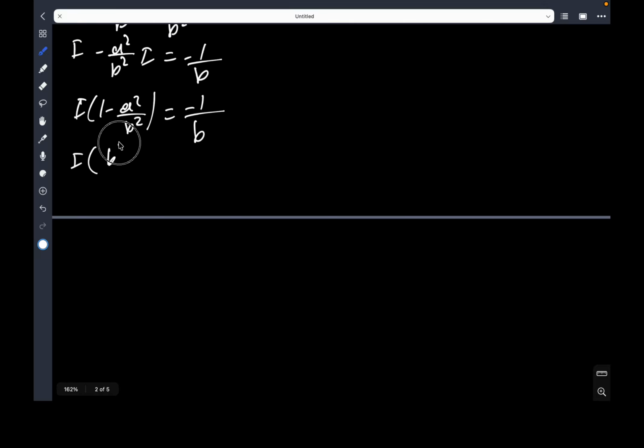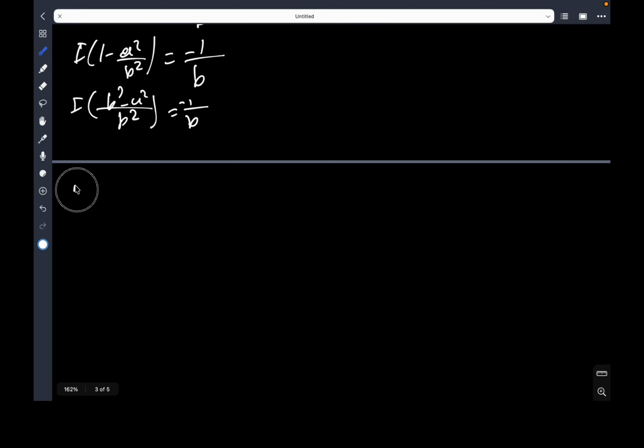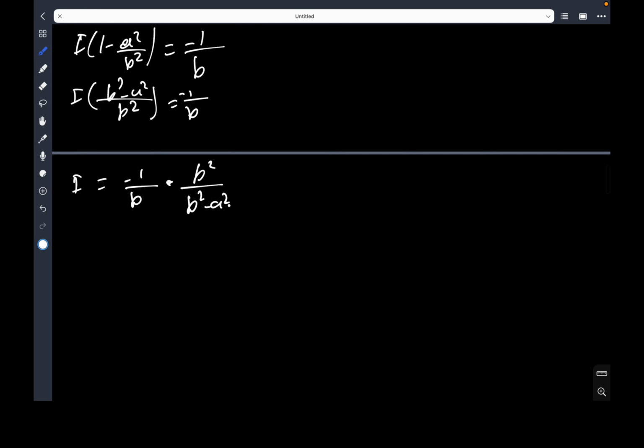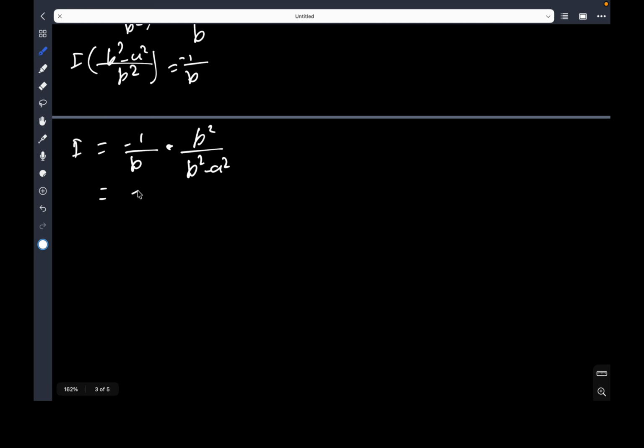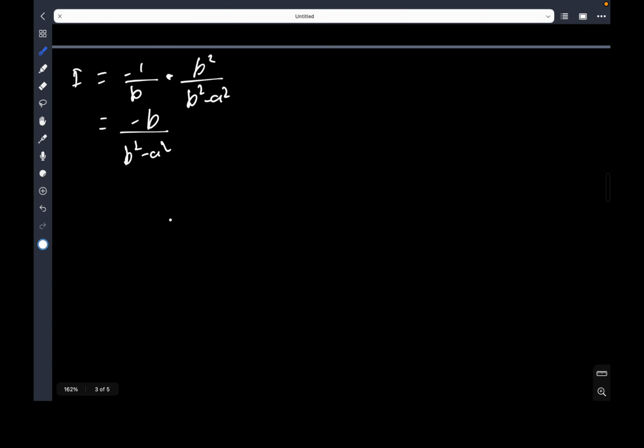I times b squared minus a squared over b squared is negative 1 over b. And therefore, I is negative 1 over b times b squared over b squared minus a squared. And it is negative b over b squared minus a squared. And I can make it more simplified by writing it as b over a squared minus b squared.